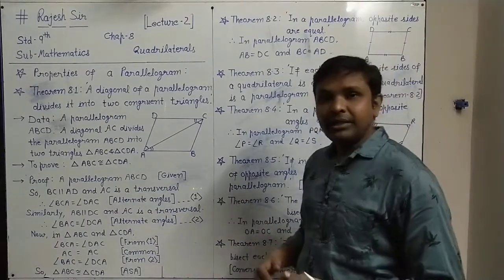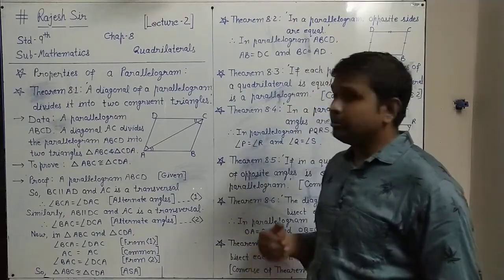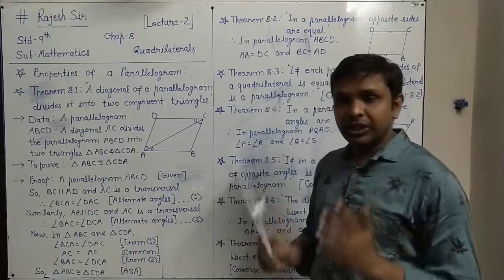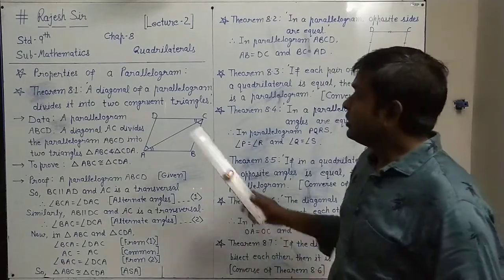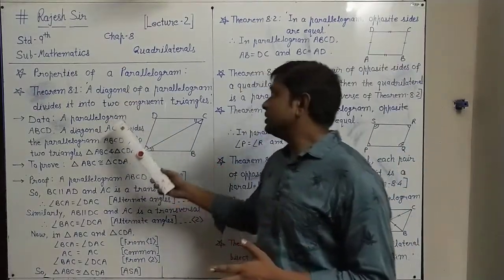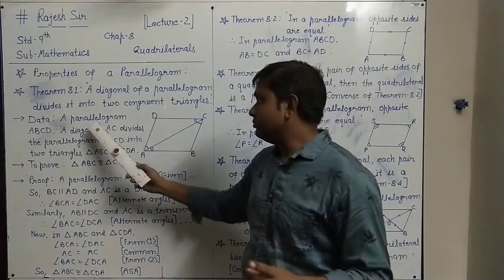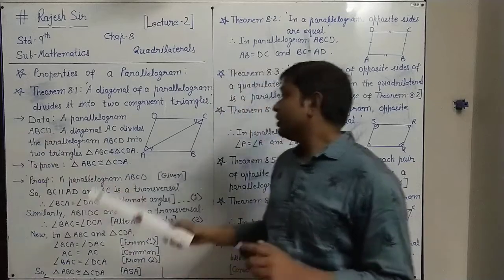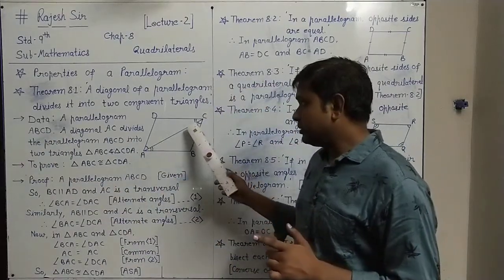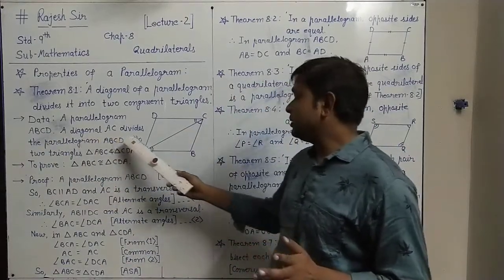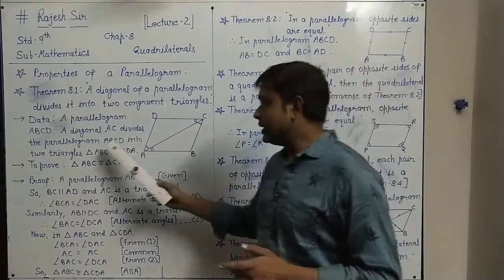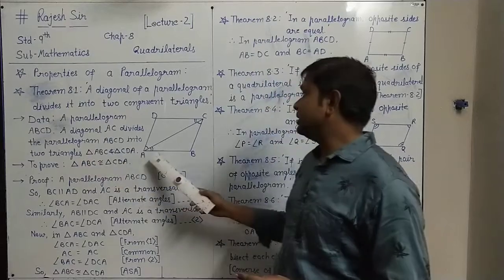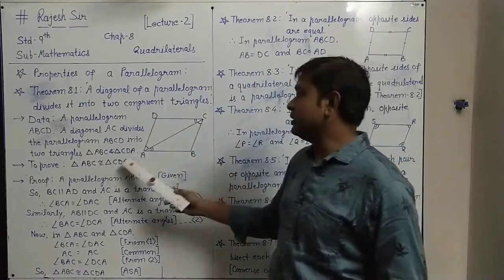As we have done in theorems and proof-type questions, first we will note down the data, meaning what is given in the statement. Given is a parallelogram, ABCD. A diagonal AC is given, and it divides the parallelogram ABCD into two triangles, triangle ABC and triangle CDA.